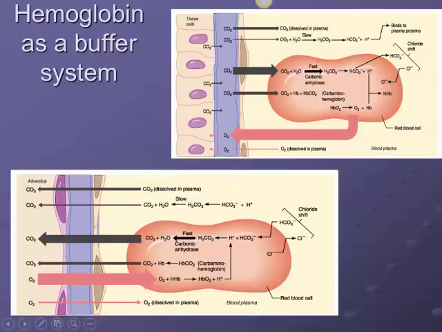Some goes into the plasma where through a slow reaction it binds to water, forms carbonic acid, which breaks up into bicarbonate and hydrogen ions. These hydrogen ions, if they were left free, what would happen? Acidosis would occur, right? So these hydrogen ions are bound to plasma proteins.